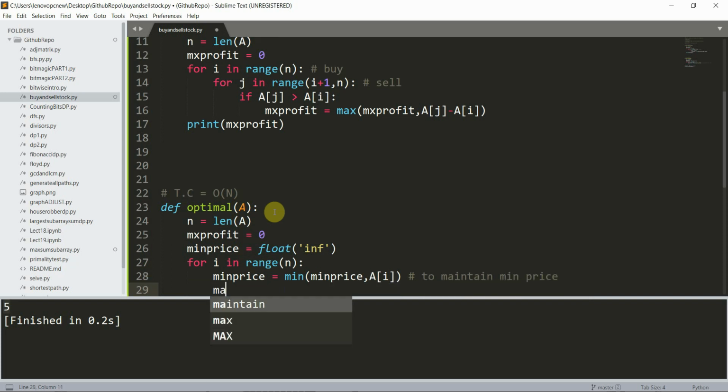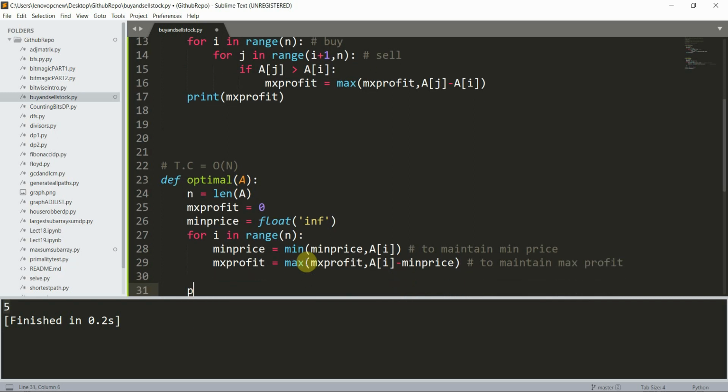And I'll take another variable, max profit is equal to max of max profit comma, since you know that you have already got the min price, now you can subtract this value, a of i minus min price, to maintain max profit.